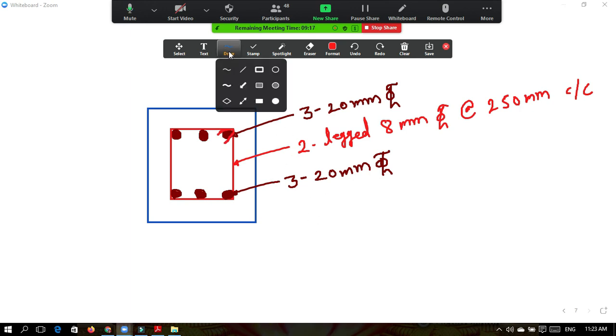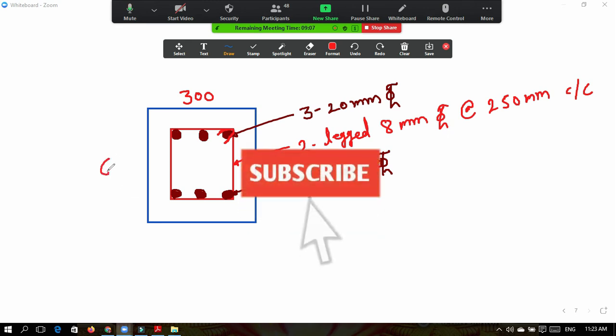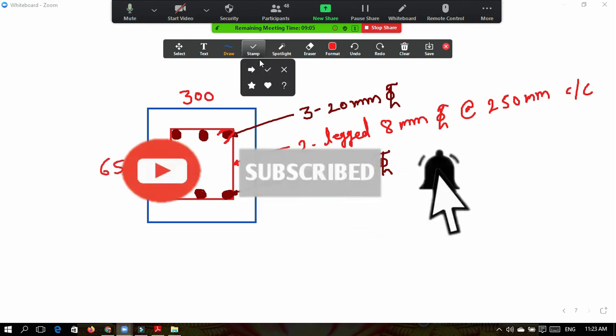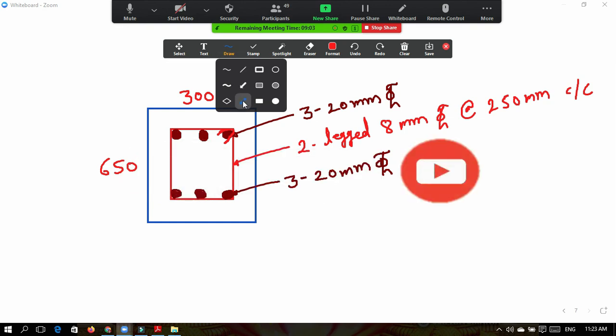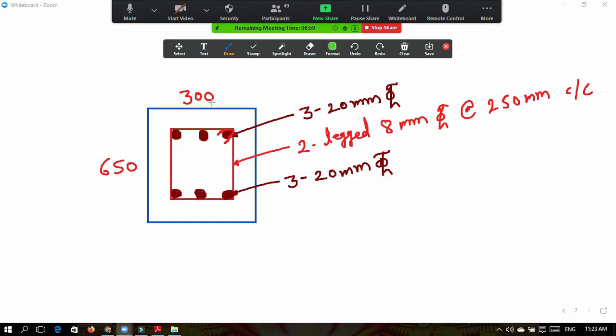Now what are the dimensions we have finalized? This width we have assumed as 300, and the total depth of the section was 650. So this was 300 and this was 650. Draw this in detail.